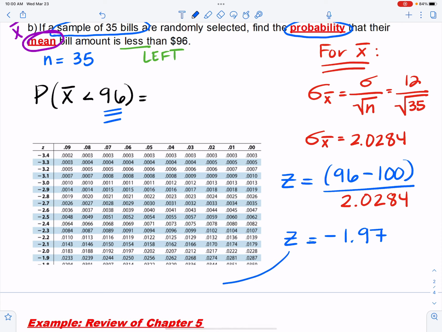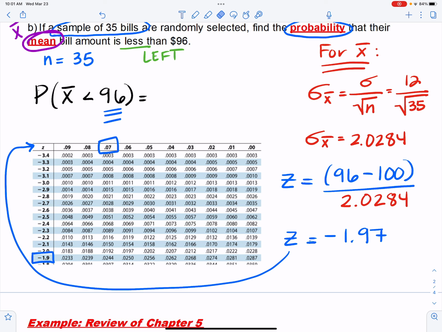The whole purpose of finding Z is so that you can take it to your table. So negative 1.9 here, 7 in the second decimal place, and the area in the table, which again is always an area to the left, is 0.0244.